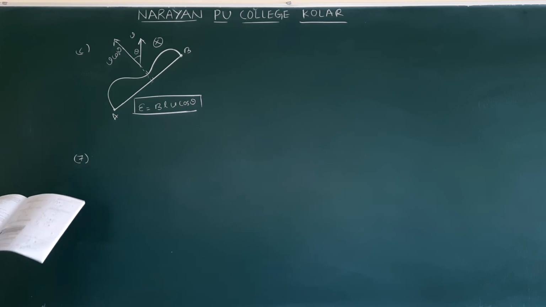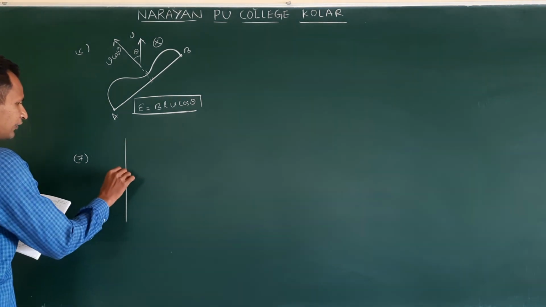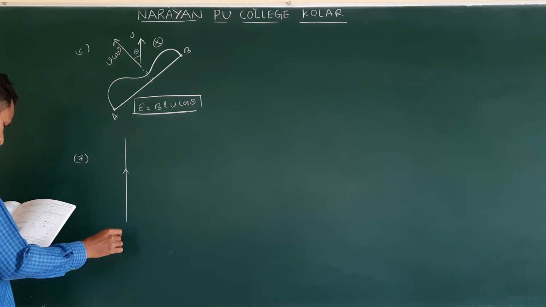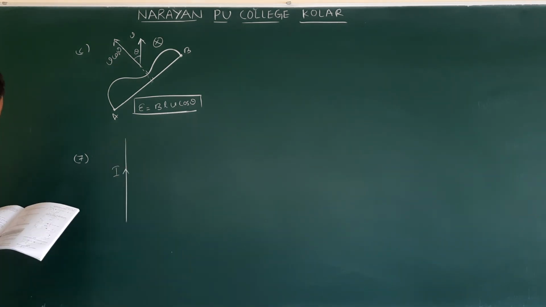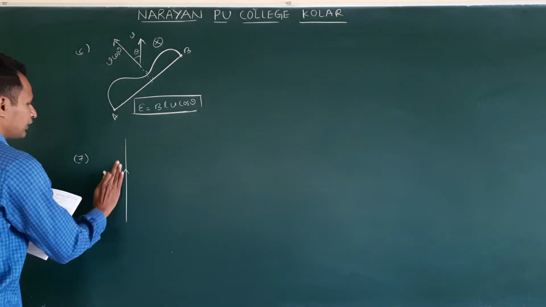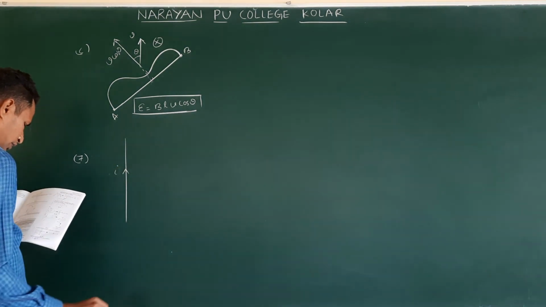See, here one conductor is given. This carries current I, or small i, whatever, small i.